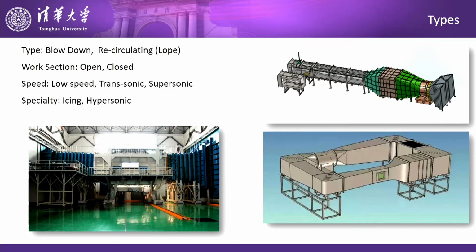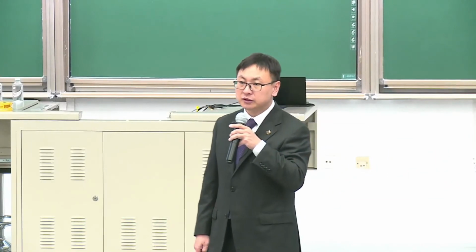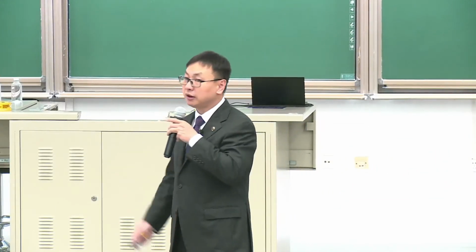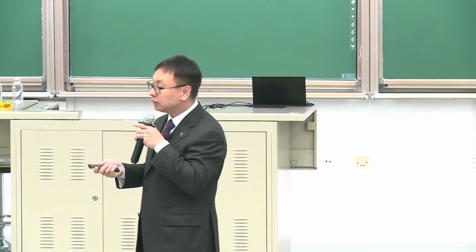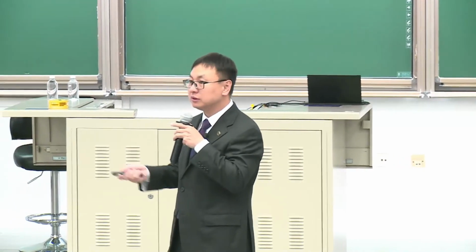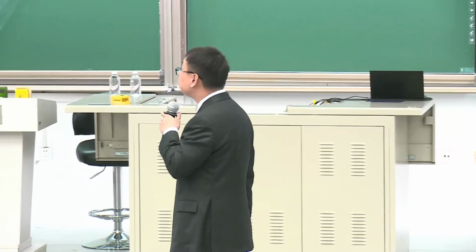Sometimes the wind tunnel can change their work section. See the white one is the closed work section. Or we can remove it, add a collector, and it's an open one, so it's changeable. Okay, and some wind tunnels have special equipment like the icing window or ionization window. The first one is usually used in the aircraft, the second one is in the space.